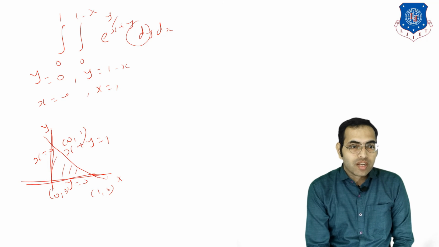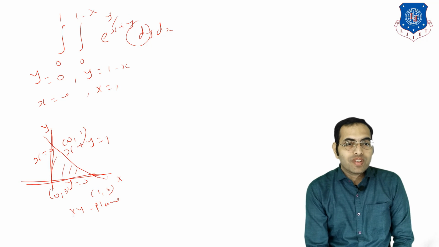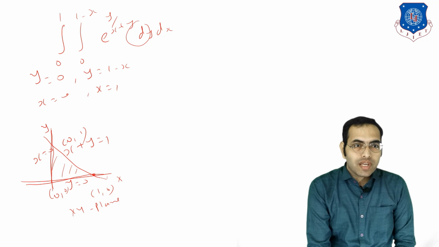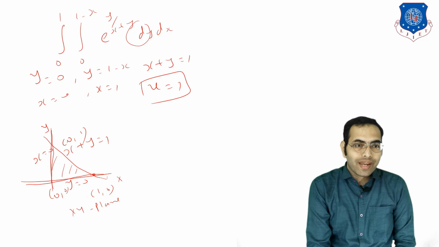Now, this region is in the xy plane and we will convert it to the uv plane. For that we have the equations: x plus y equal to 1 gives u equal to 1 directly.